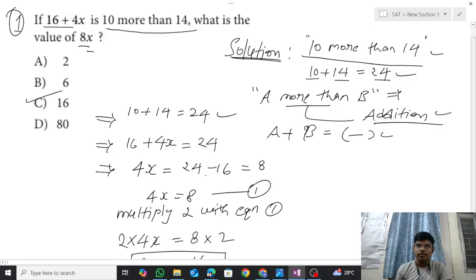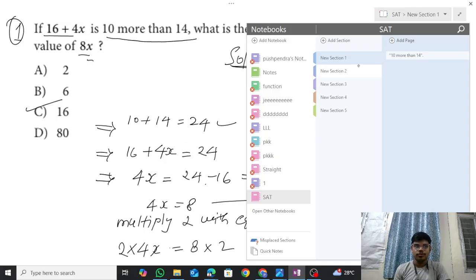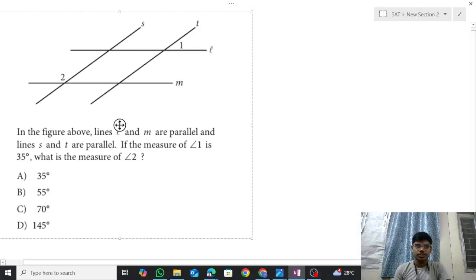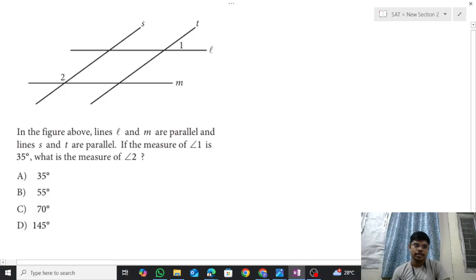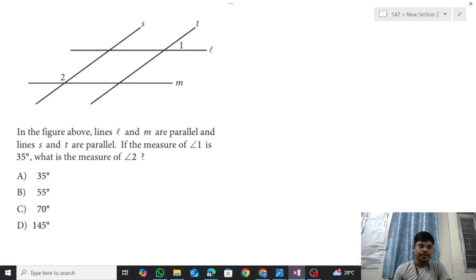Let's move to question number 2, and that is also a very important question. This question belongs to coordinate geometry, and it is very important for the measurement of lines and angles.